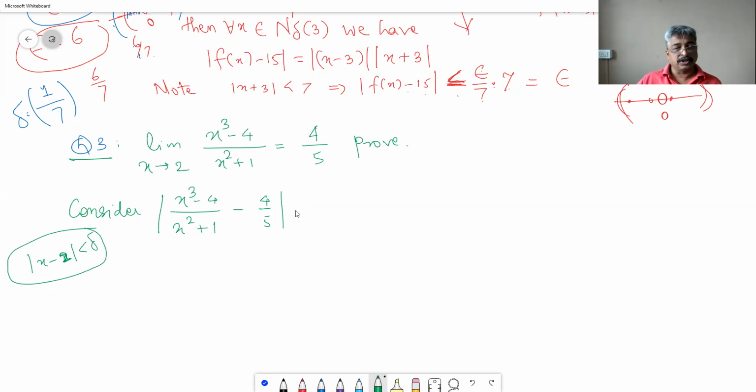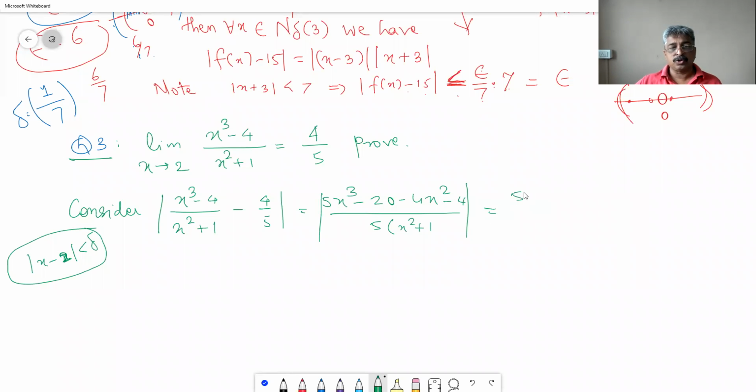So this is our function. How much is this equal to? 5x cube minus 20 minus 4x square minus 4 divided by 5 into (x square plus 1). How much is this now?